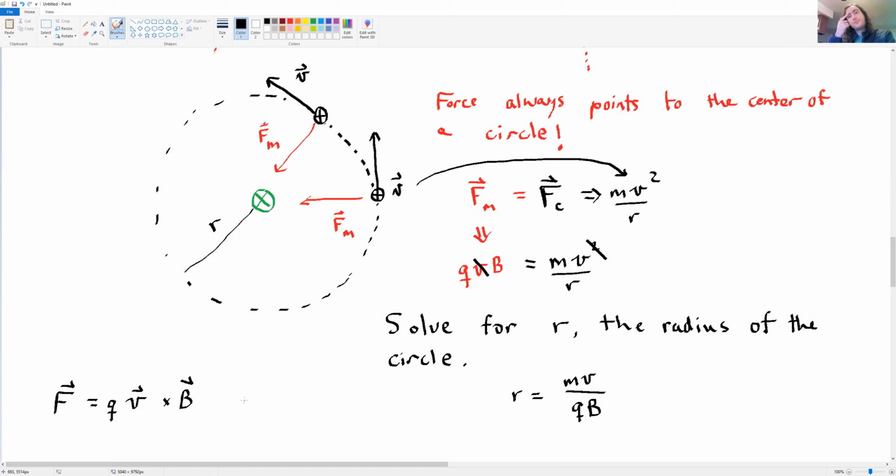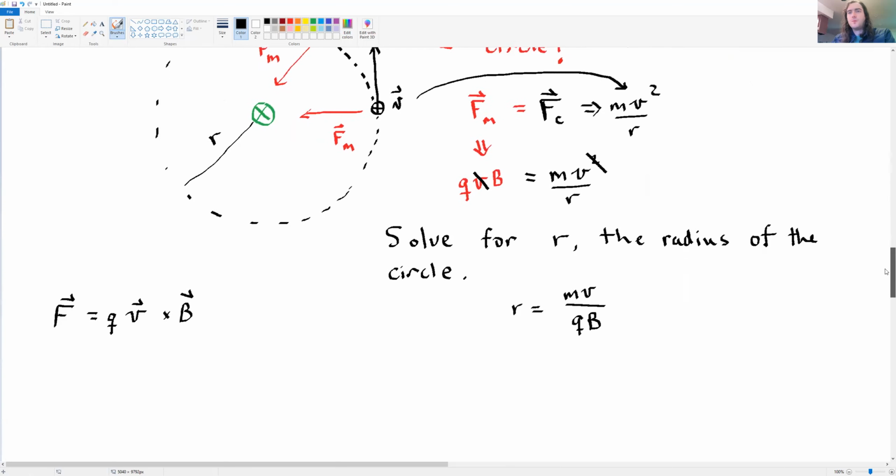And so I just want to quickly show something kind of interesting. Since the force is always perpendicular, it turns out that it can never actually increase the speed of the particle in circular motion here. And so we can actually show that in the following way.